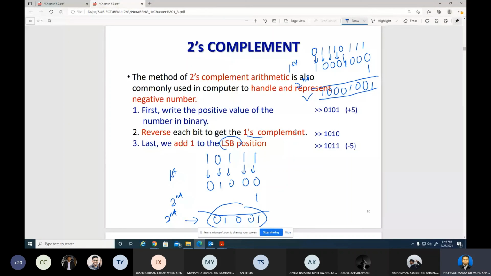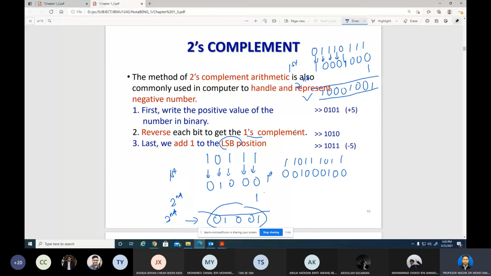Maybe you can try another example here. I think the second complement is also straightforward. For example, we have 1 1 0 1 1 1 0 1 1. For the second complement we have to know the first complement, because the second complement is based on the first. The first step is the first complement, so this will be 0 0 1 0 0 0 1 0 0.